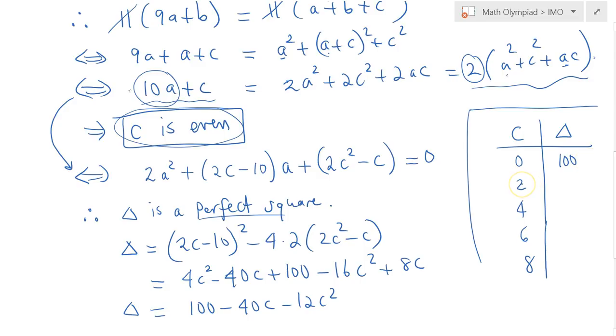If c is 2, we would get 100 minus 80 minus 48, which is negative. So the expression will be less than 0 for all the remaining terms, because we have a quadratic which is looking downward. So the only thing which will work is c being equal to 0.